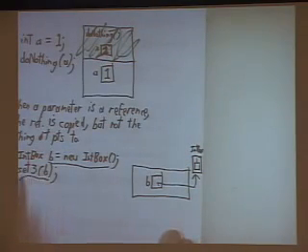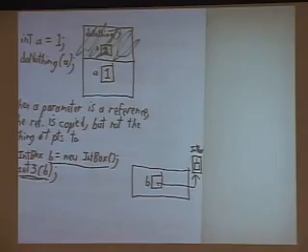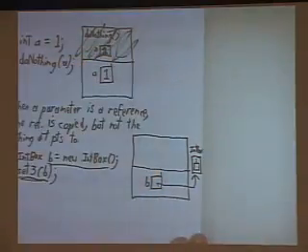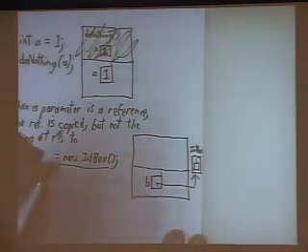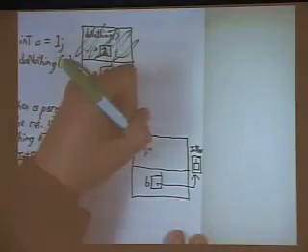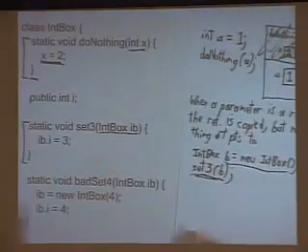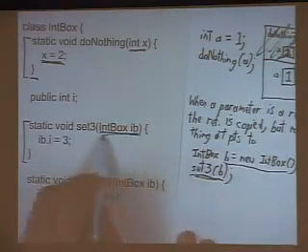Now we call the set3 method. And the set3 method, which we call on the intBox, takes this parameter ib, which you recall from right here.